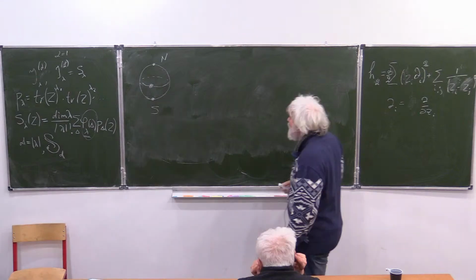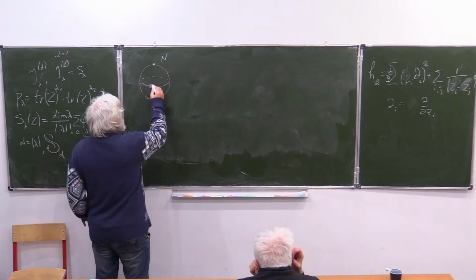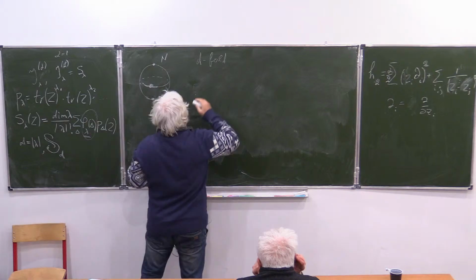So let us consider a degree d covering, with three ramification profiles given by three partitions, lambda, mu, and nu.